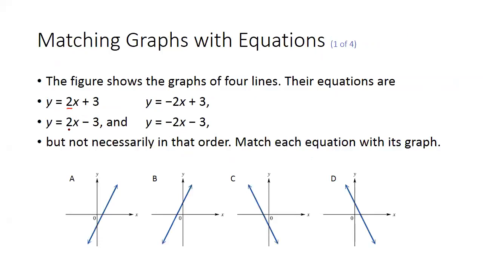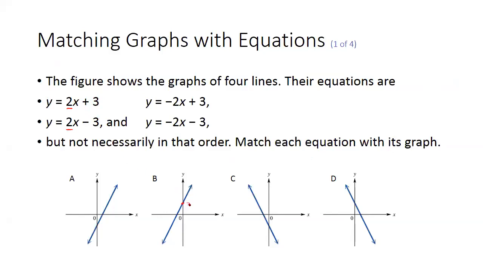If the slope is positive, it means your graph is going to go up from left to right, right? So for this one here, it would be either A or B, right? But here the y-intercept is 3. It means your graph is going to intercept at 3.